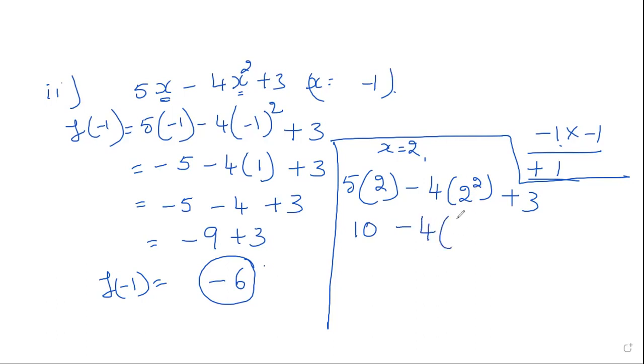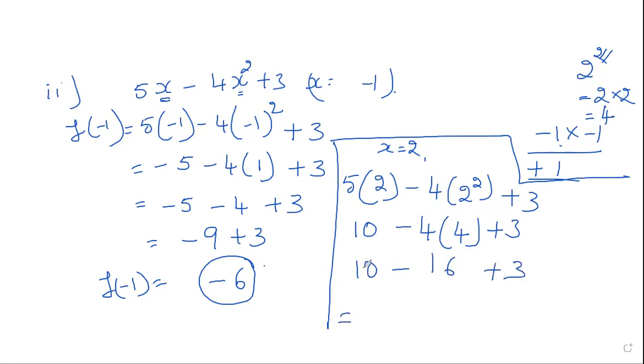What is 2 square? 2 square means you should multiply 2 two times. The power tells the number of times you should multiply the base. 2 2s are 4 plus 3. 10 minus 4 4s are 16 plus 3.